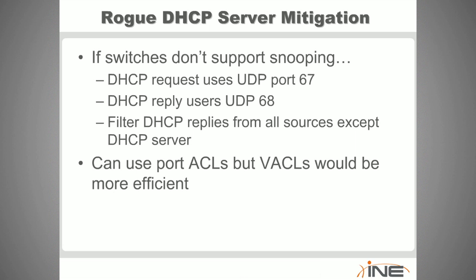So you could have some kind of hacked solution that basically says you will only allow destination port 68 traffic to come in from the port that is attached to the router, or to where the DHCP server is located. And then you would not allow port 68 traffic to come in from the other ports. So you could use port-based access lists, or you could use VLAN access lists, but the ideal solution here would be to use just the dedicated DHCP snooping feature.